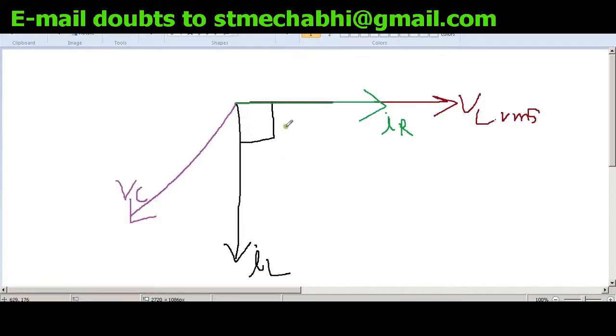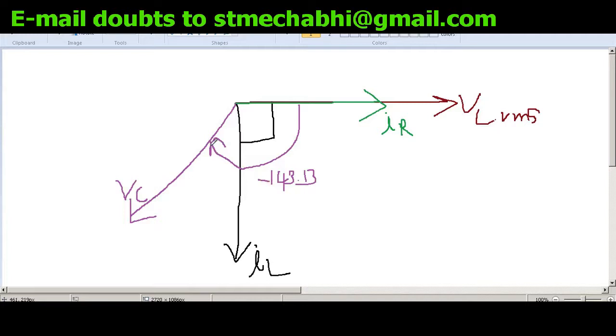What is that angle? I will mark it like that. It is minus 143.13 degrees, this angle that I have marked in purple.